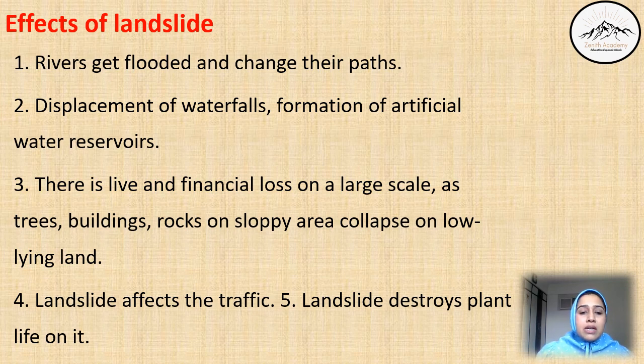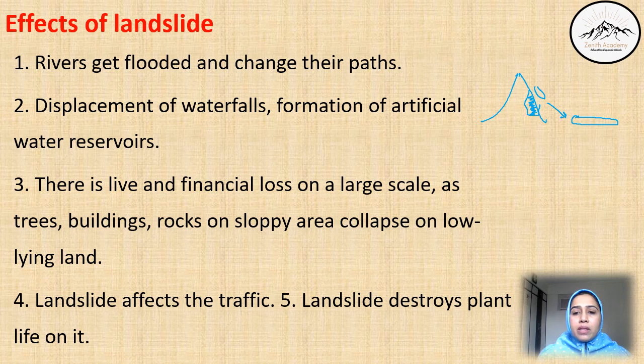The second one is displacement of waterfalls and formation of artificial water reservoir. What does this mean? Now we saw that if this is a mountain, this piece of land has shifted here. So there is a crack or gap over here.